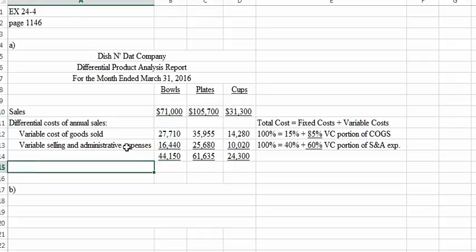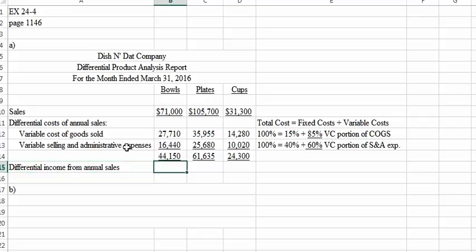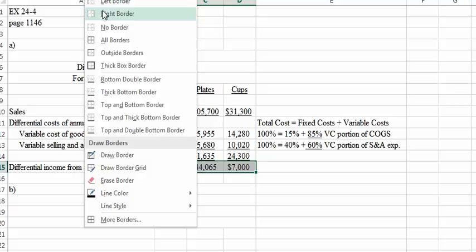So this is differential income from annual sales. It's going to be equal to our sales number minus our variable cost. And we can bring that over the same way. Okay. We'll go ahead and give it one of these.